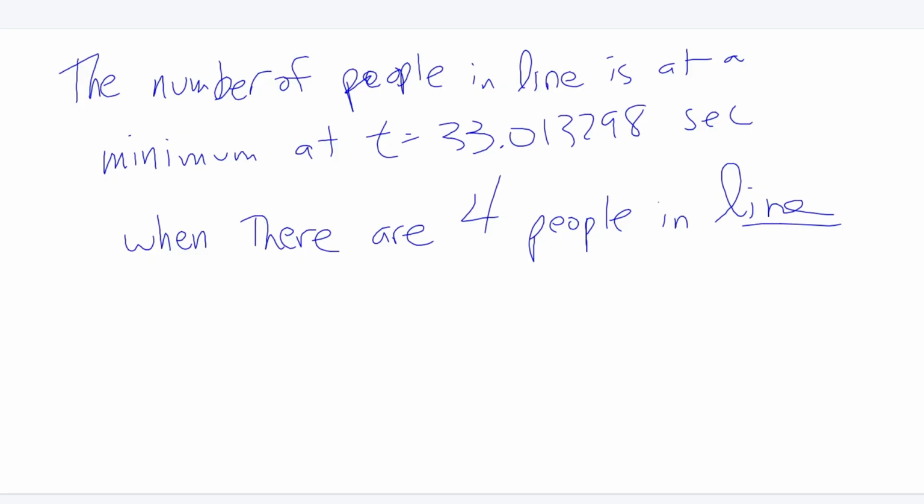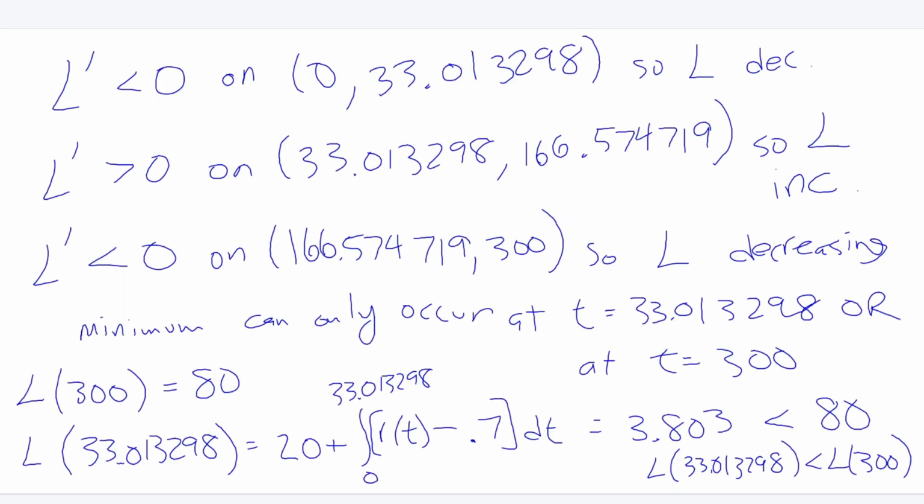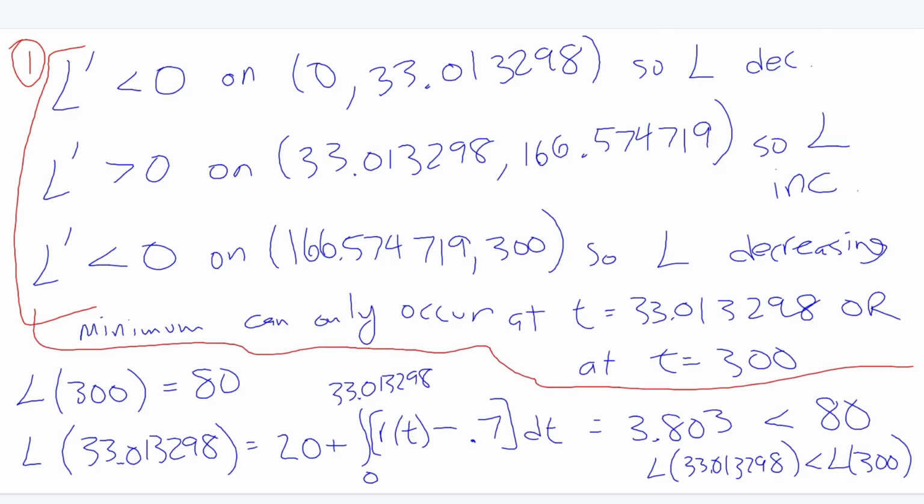Your last 2 points were for the answers here of 33.013298 and 4 people in line. And the other point is for the justification, which is all this work we did and all this writing, basically this whole page over here. And again, if you don't want to write out all of this, right, and that the minimum could only occur at these values, then you can just test all 4 values that we have, right?